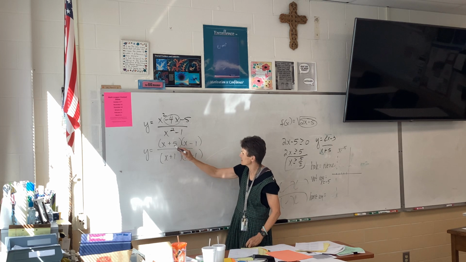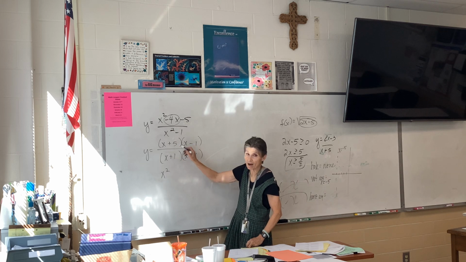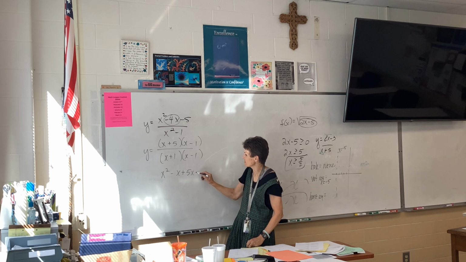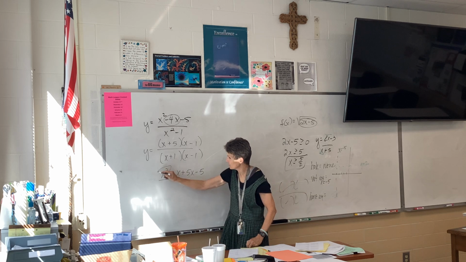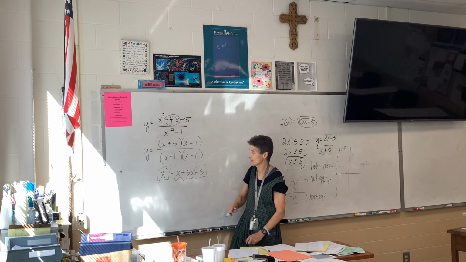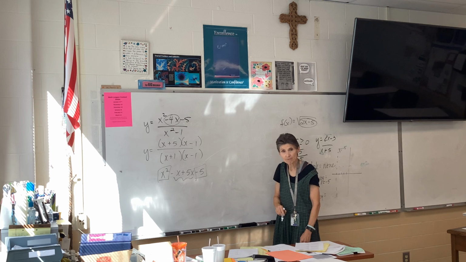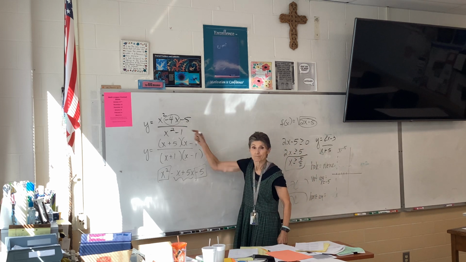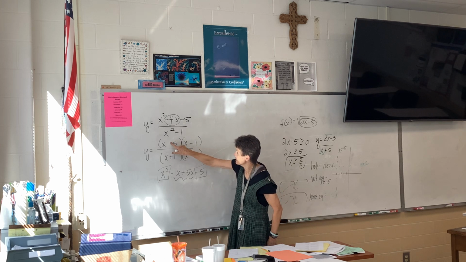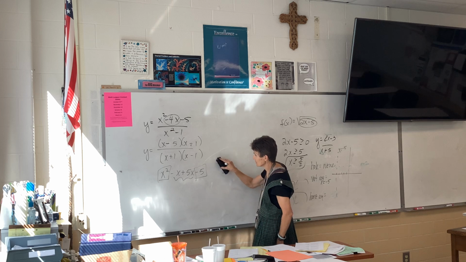Well, let's FOIL it and see. I'm FOILing the top: x squared minus x plus 5x minus 5. This looks good. But what about the middle? That gives me a +4, I need a -4. So I'll just make this a minus, this a plus, and now I'm good to go.